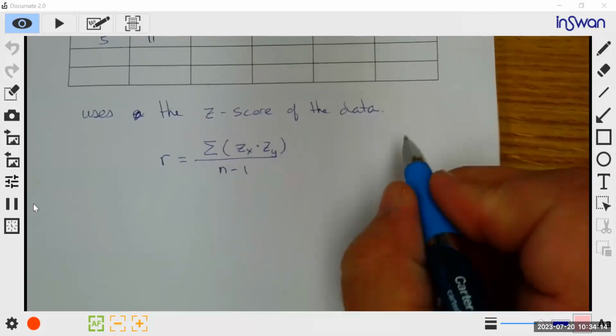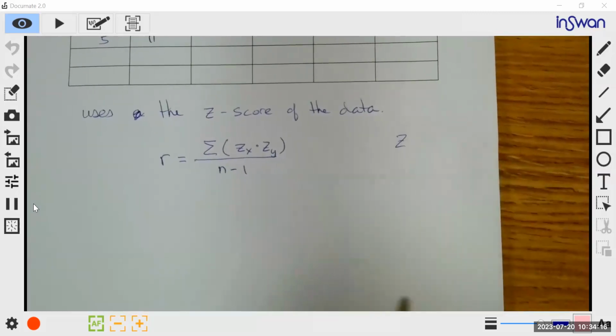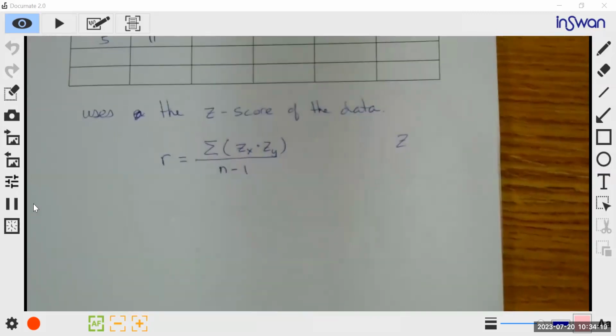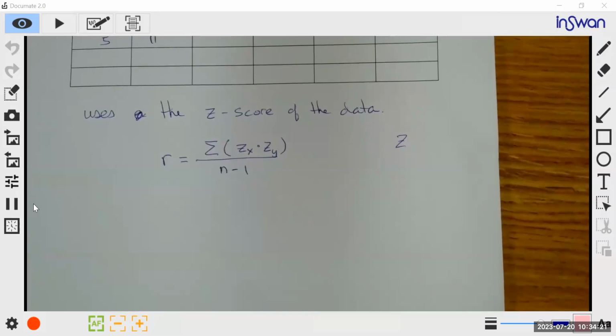Those are z's. My z's have a line through them to separate them from 2's. So your question should be, what exactly is a z-score? Good question. It's going to use two things that we haven't discussed yet. That'll be discussed next chapter.